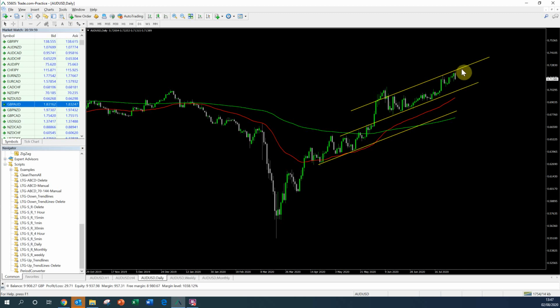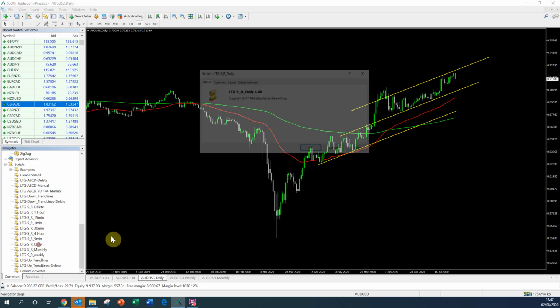We've hit a weekly support, the 200 exponential moving average on the weekly as well, and also we've actually just come off of a channel resistance line on the daily. I'll put in the channel support and resistance lines.